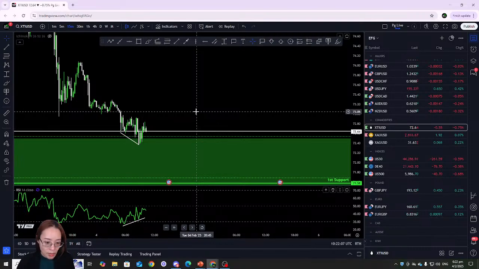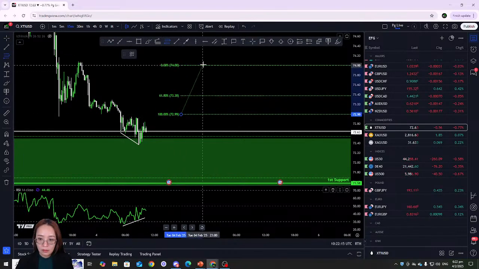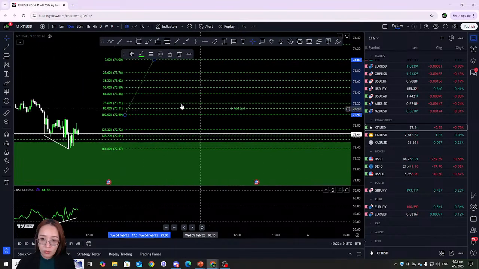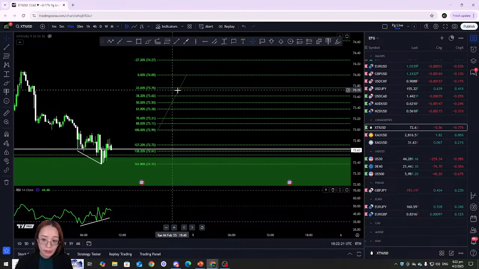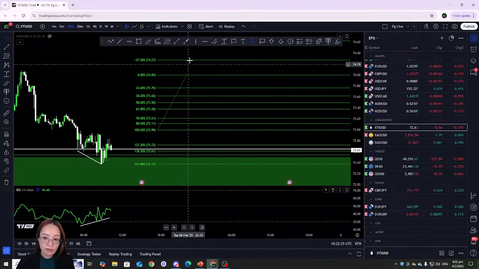Okay, what level to use for the pullback? This is the Fibonacci level. There is no specific pullback. Like I just mentioned, you need to identify the key level first.